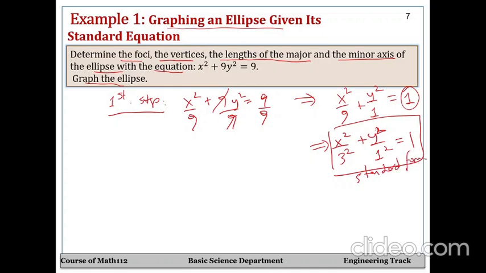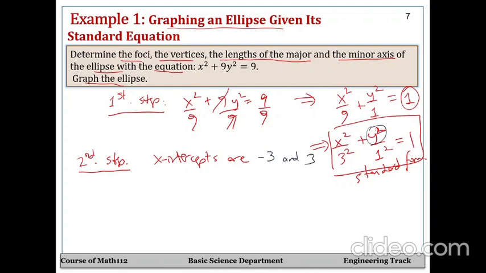Now from the standard form, the second step we can do is find the x-intercepts. When you make y equal to 0, you will get x equal to -3 and +3.